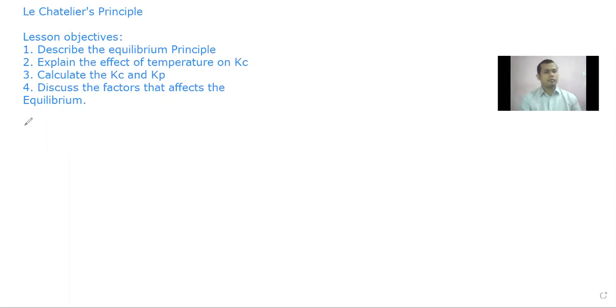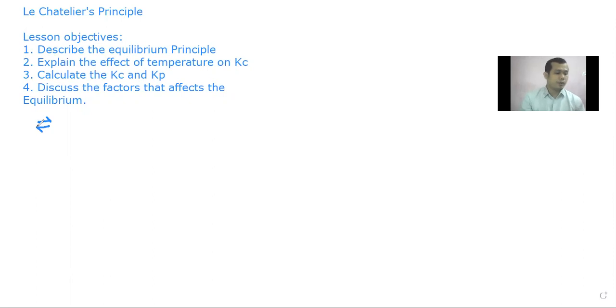So the equilibrium is symbolized by the forward and backward arrow. It says here, when a system in equilibrium is disturbed, the position of equilibrium will shift to cancel the effect of the change so that equilibrium is re-established.